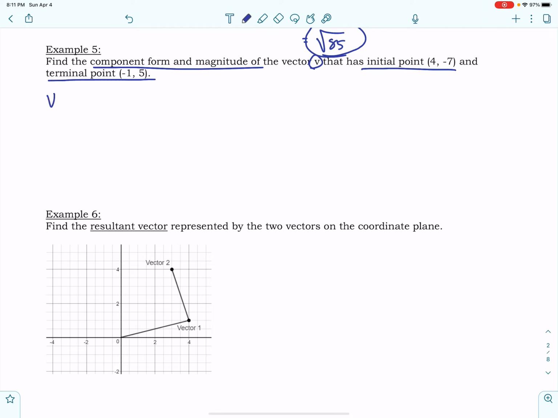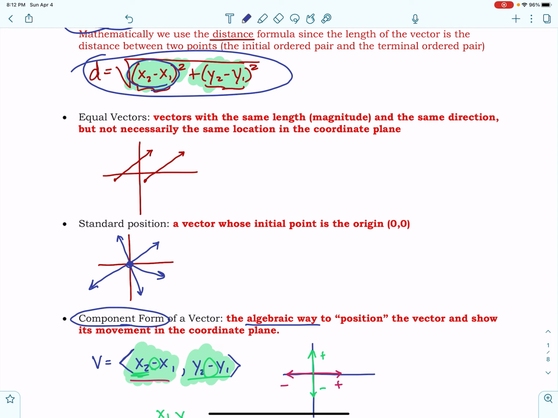So I want you to notice something. Notice this. You're going to love this. Notice that for the magnitude, these values, the number that gets squared is the x component of the component form, and this value that gets squared is the y component of my component form.